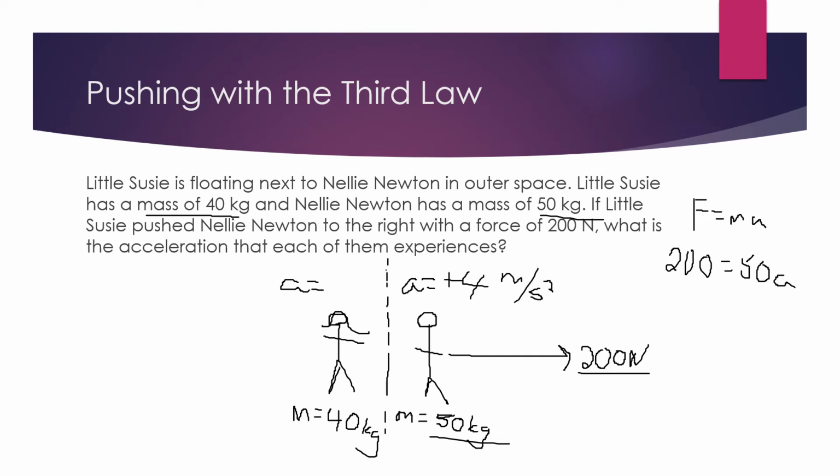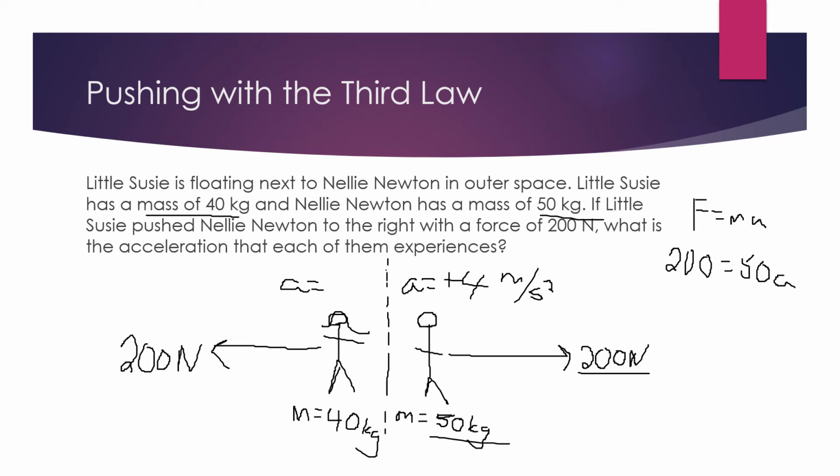Okay, that was easy. But how do I get her acceleration? Well, they're in space, so we don't have to worry about gravity. All these problems could be in space. We don't want to worry about gravity yet. We're just going to be floating out there. So if she pushes him to the right, Newton's third law says he actually is pushing her to the left with a force of 200 newtons.